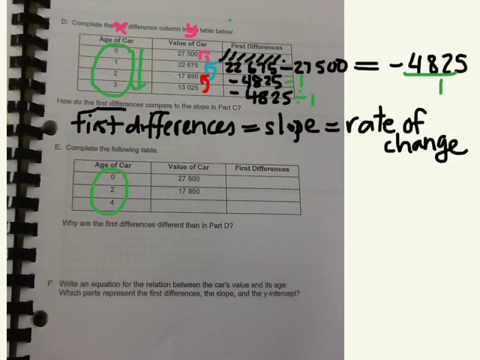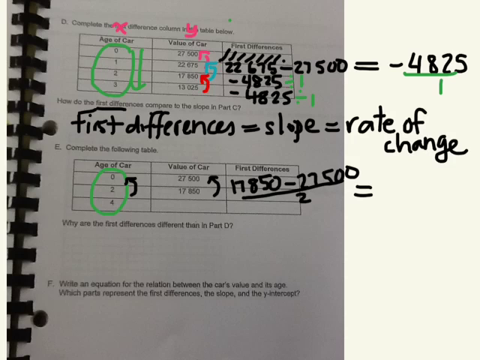To find the differences for this one, well, the rate is not for every year, it's for every 2 years. So how am I going to find the rate per year? Yep, divide by 2, okay? So 17,850, take away, divided by 2. What's the rate?